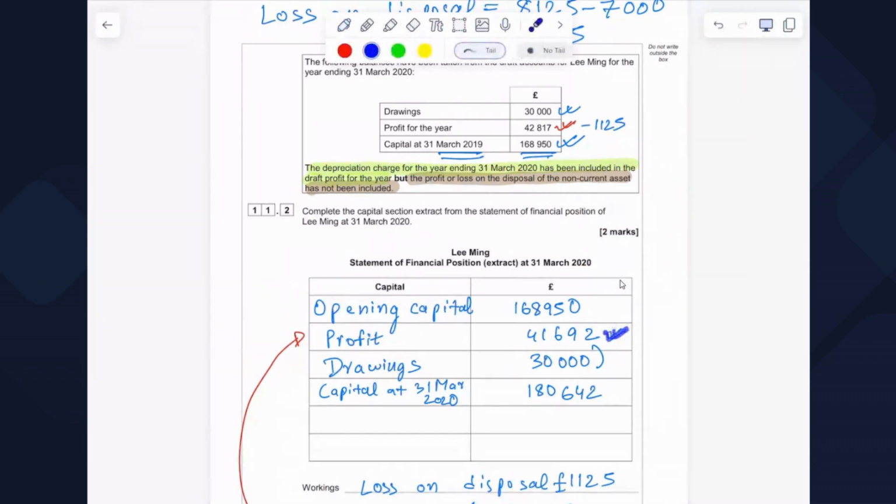The draft profit was 42,870, which had to be reduced by 1,125 due to the increase in expenses. Then we are subtracting drawings, because drawings are going to reduce the profit that Lee, who is the sole trader of this business, will make. And that should all give us the closing capital at end of 31 March 2020, which is 180,642.